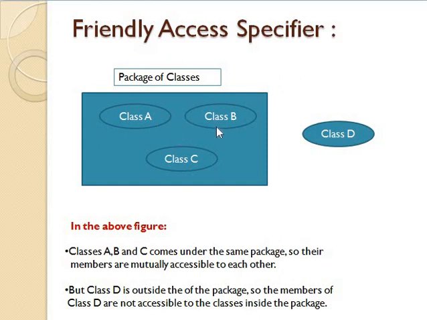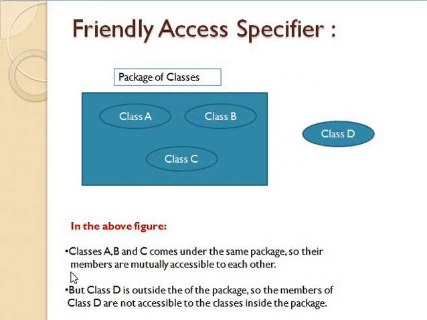That means the members of all these classes shall be mutually accessible to each other. But for the class D, which does not fall under this package, its data members shall not be accessible to the classes A, B and C.